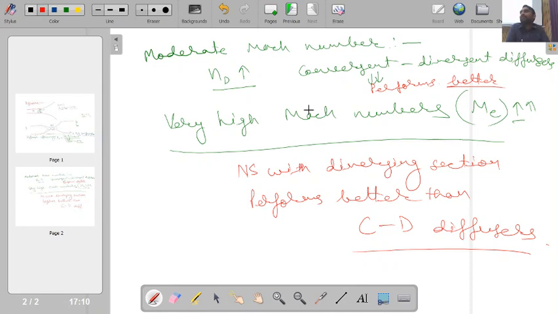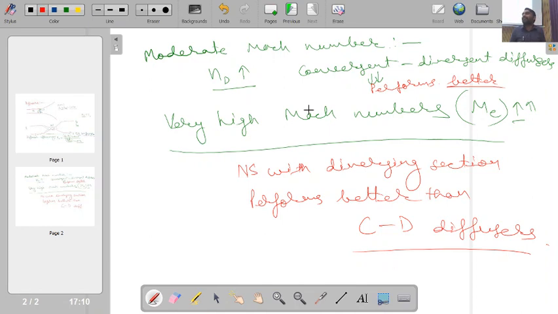and that is also followed by a number of oblique shock waves. Okay, so this point should be made very clear: our expectation is that, because in case of a normal shock wave the total loss of stagnation pressure is more, it should have the least performance if we consider the ideal situation, that is, a non-viscous, inviscid system. That is the normal expectation based on our theoretical understanding for an inviscid system.